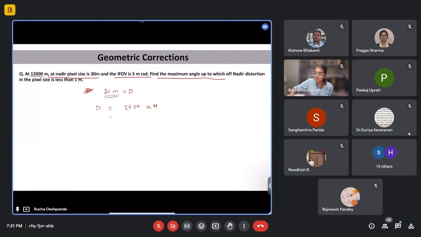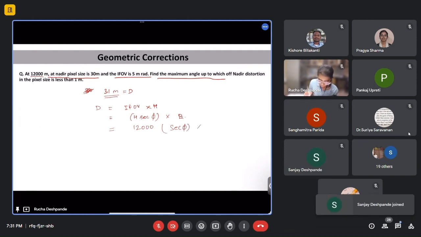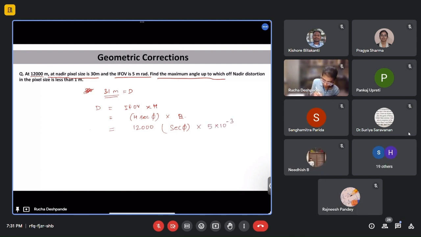Yeah, so for off nadir values, we had 5 into beta. Is anyone getting this?